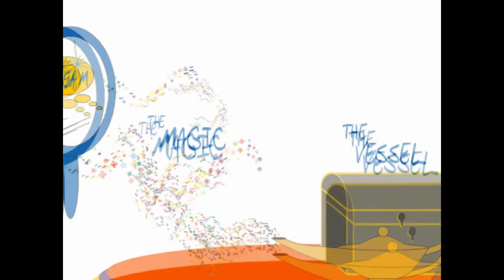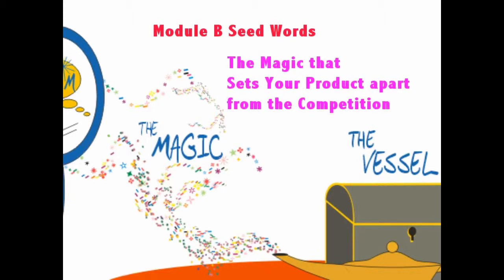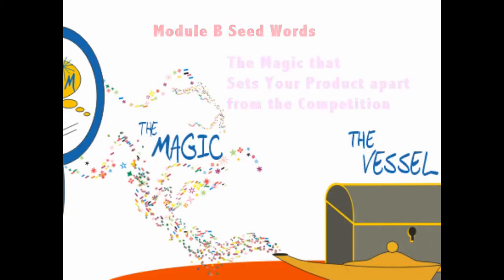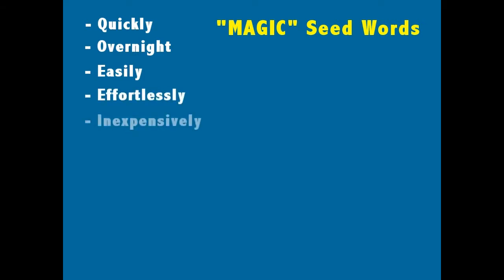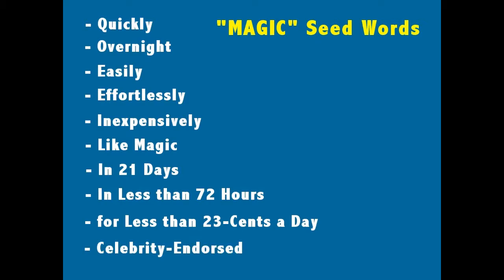Module B is loaded up with magic words and phrases. This is the magic your product promises to deliver. It's what makes your product especially appealing, and it may be what sets you apart from the competition. These are words like quickly, overnight, easily, effortlessly, inexpensively, like magic, in 21 days, in less than 72 hours, for less than 23 cents a day, or celebrity endorsed.